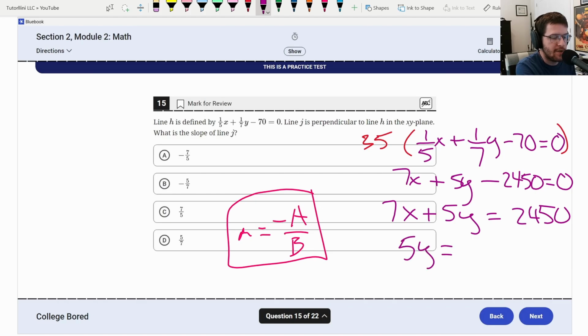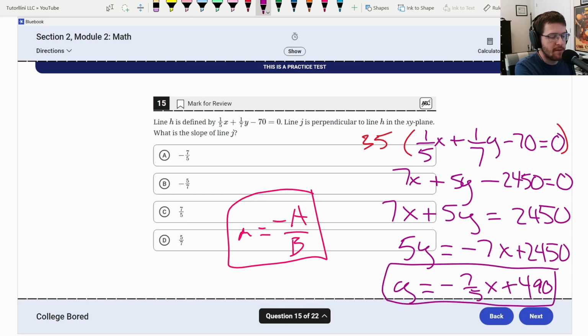I get 5y equals negative 7x plus 2450. And now I'm going to divide everything by 5. So I get y equals negative 7/5 x. And let's do 2450 divided by 5 is 490. So plus 490. So y equals mx plus b. So the slope of this line is negative 7/5.